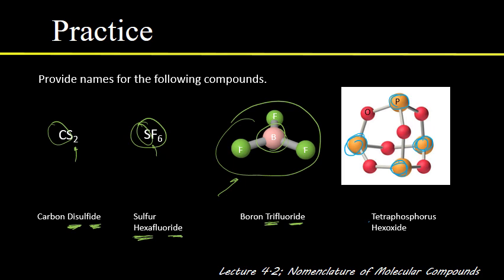So we do need the prefix here. So this is tetraphosphorus, and then with these oxygens, hexaoxide. That's another example of a place where people sometimes omit those vowels because they don't like the 2 vowels next to each other.